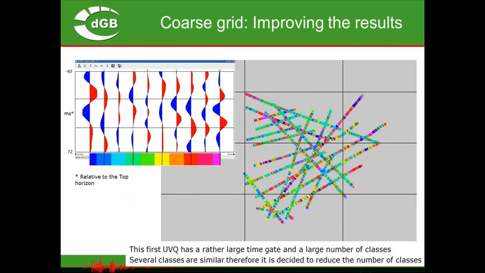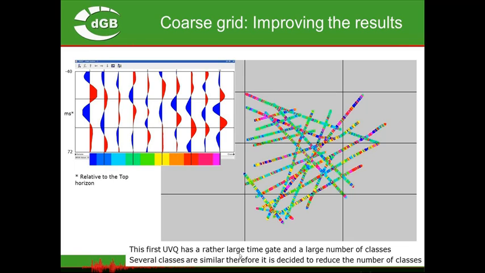A quick example of a 2D UVQ on a coarse grid 2D horizon, and how we can improve the result. You remember earlier I said that the number of classes depends and is very difficult to find. Here we start with, let's say, 10 classes and a large time gate, minus 4 to plus 72 milliseconds.